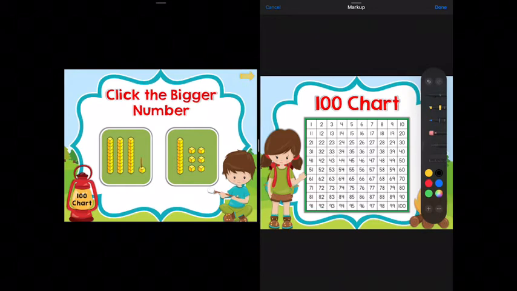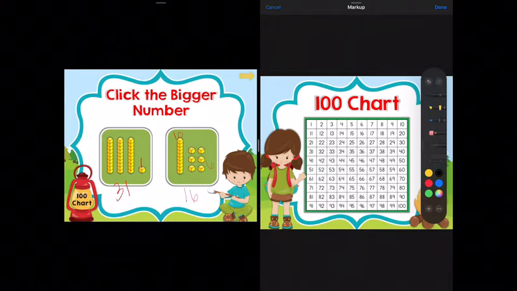And if this is 1, it's 31. Now over here, we only have 1 stick. So that's 10. But we have 1, 2, 3, 4, 5, 6 ones. 10 plus 6 would be 16.